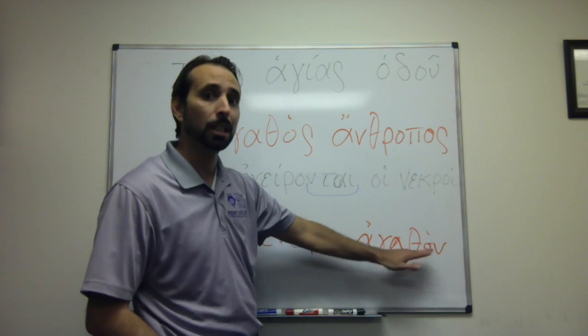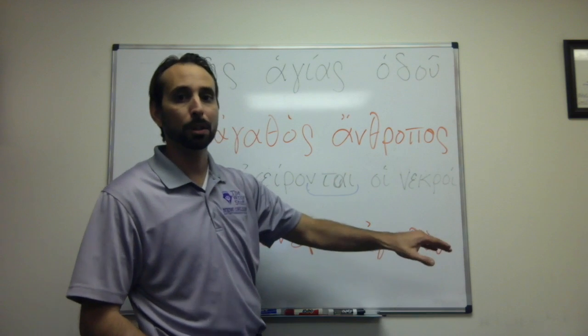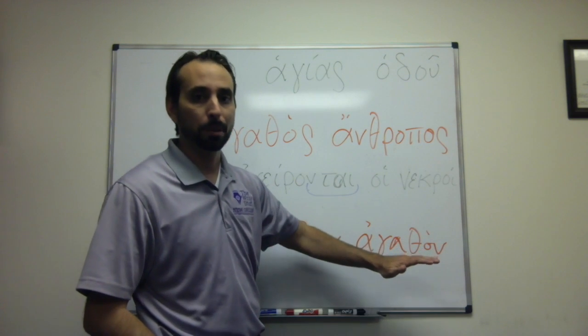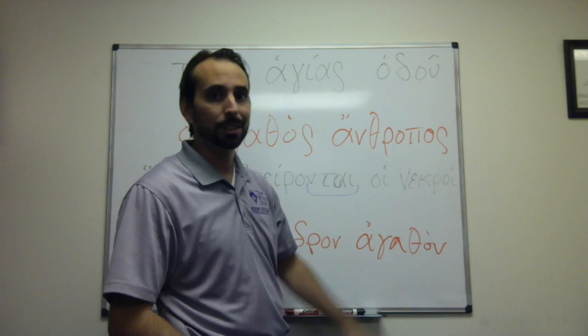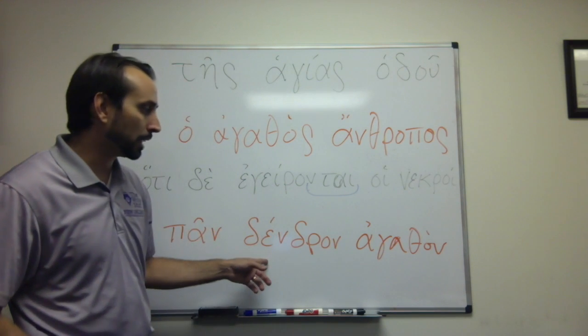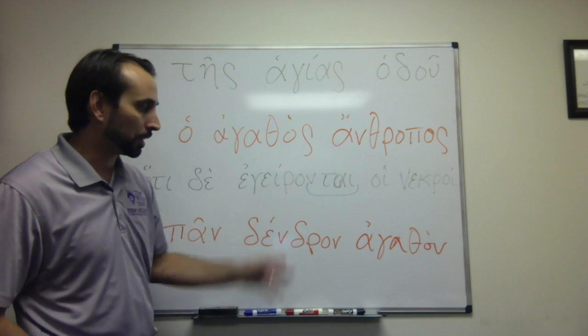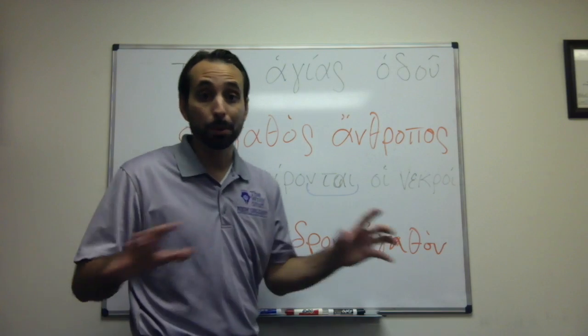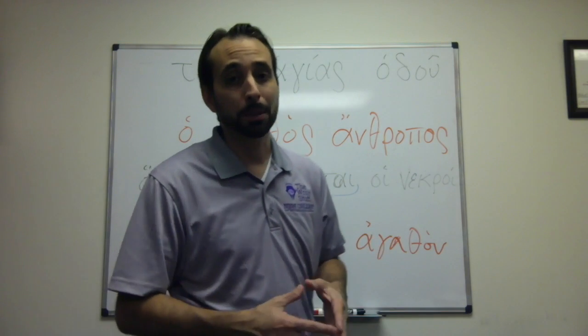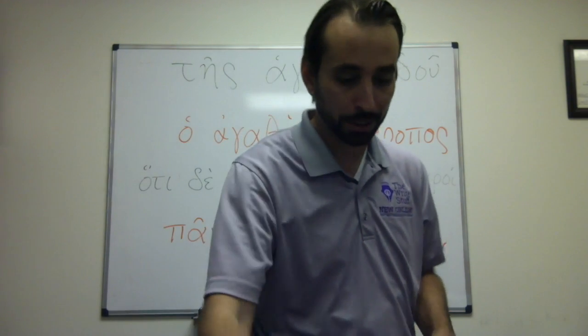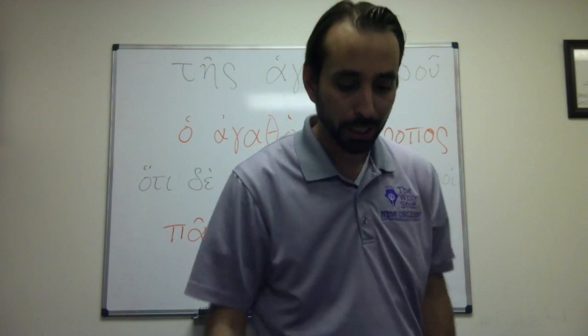Is it attributive? Is it substantival? Is it predicative? Well, here I have a noun in the neighborhood, in concord. Both are anarthrous. It's probably going to be attributive at that point. So he's giving you some little clues.